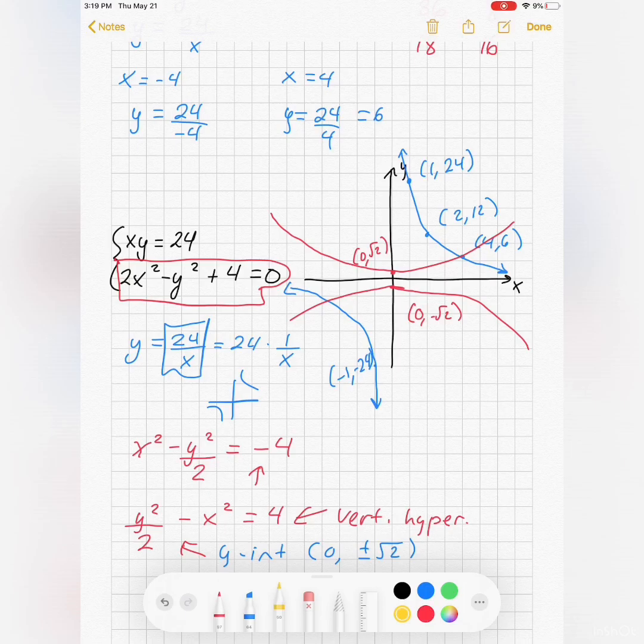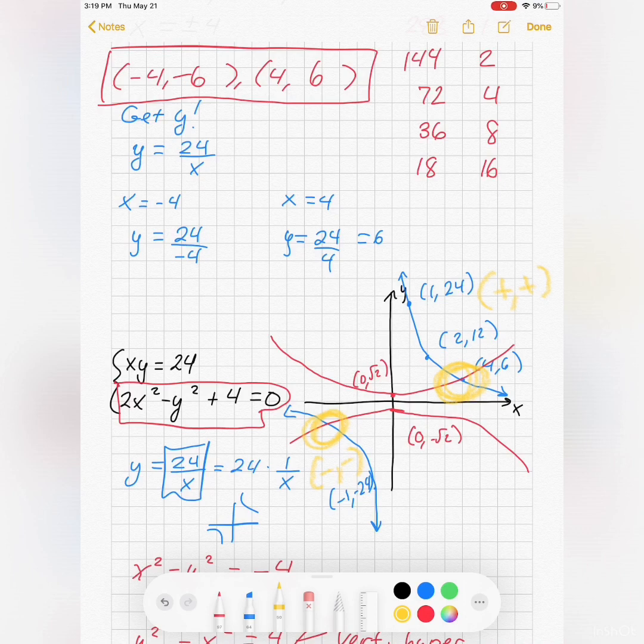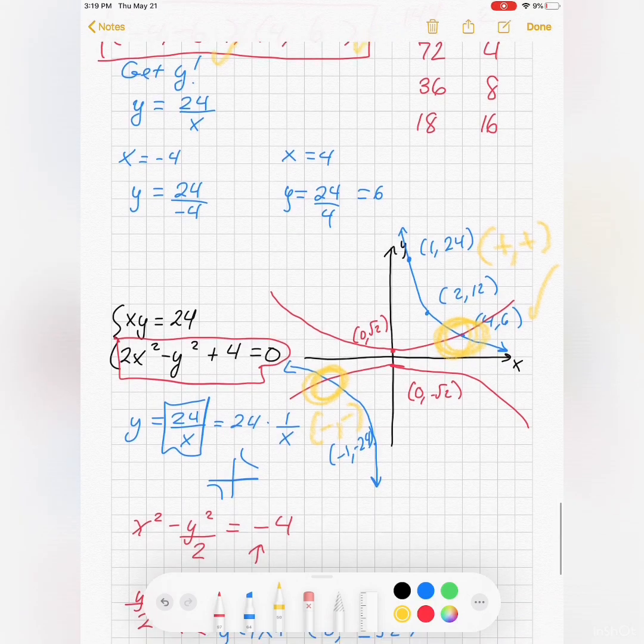Even with just that information, I can see I'm going to have an intersection point in quadrant 1, so a positive, positive, and in quadrant 3, a negative, negative. So what did I find? Oh, look at that, it is at 4, 6. That's cool. I found a positive, positive, and a negative, negative, and so my solutions look good.